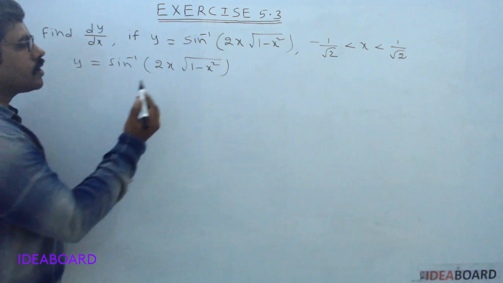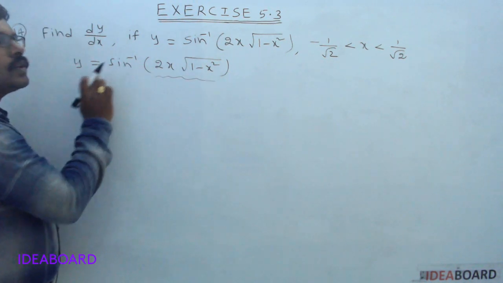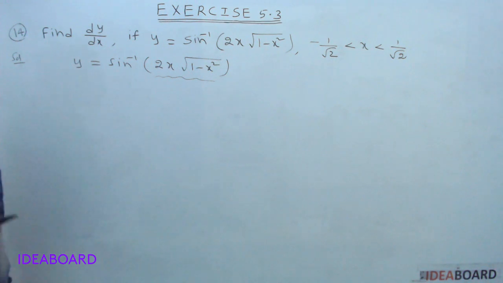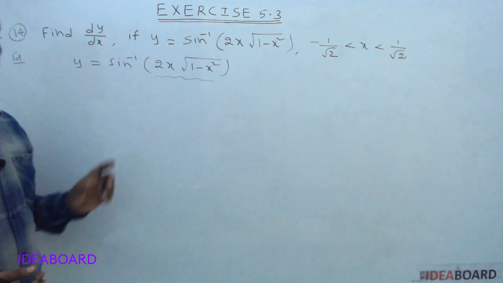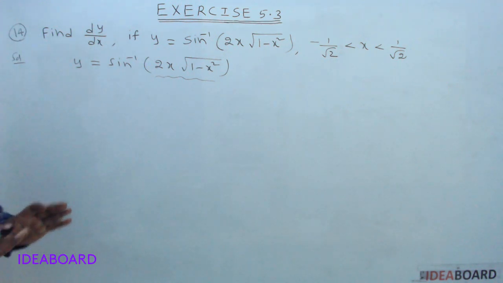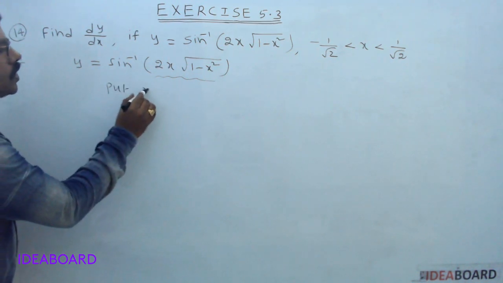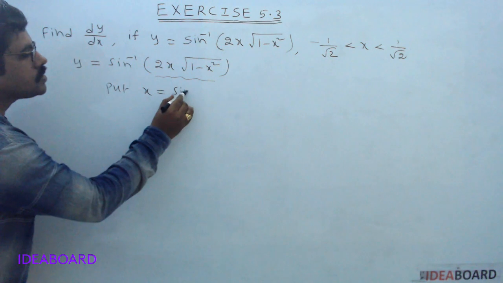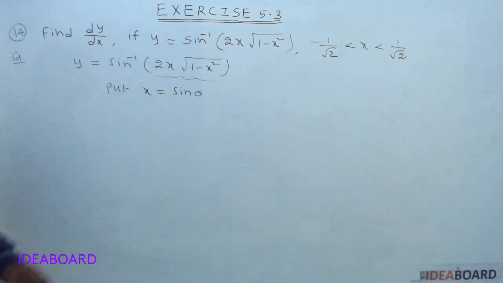Now here again try to convert this value in terms of sine function. For that purpose we need one substitution. So what is our substitution? Here instead of x I am taking sine theta. So put x equals sine theta.